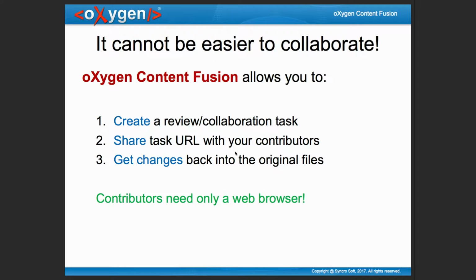So once they interacted with the documents that you shared, you can get those changes and have them in the original files that you used to start that review or collaboration task. And again, people you work with need only a browser.